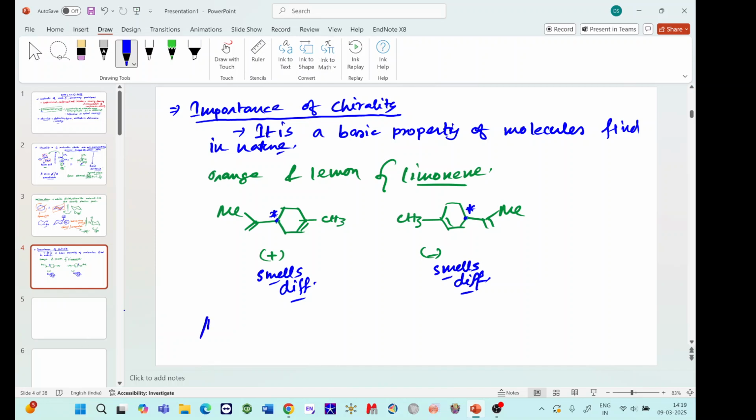this is one thing you should always remember, a basic thing about chirality.